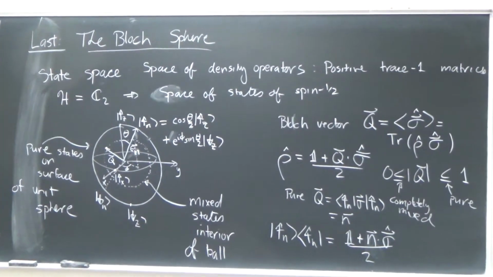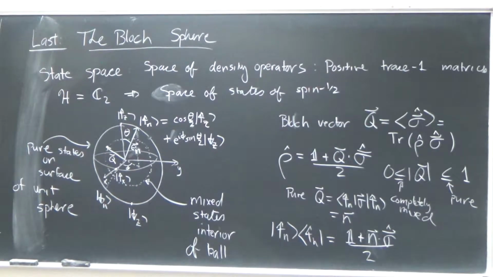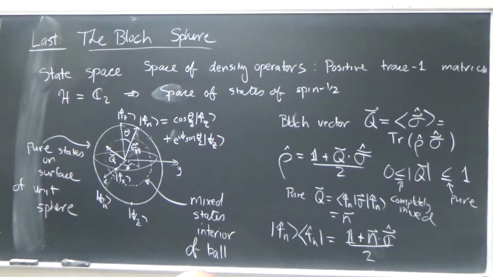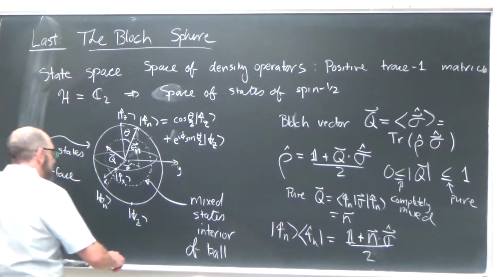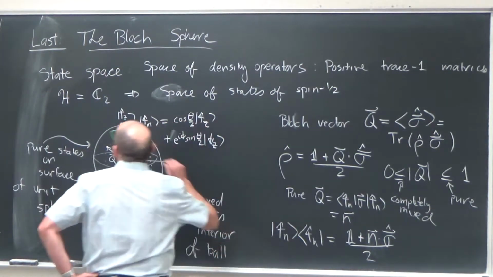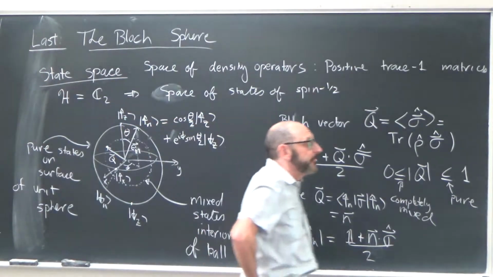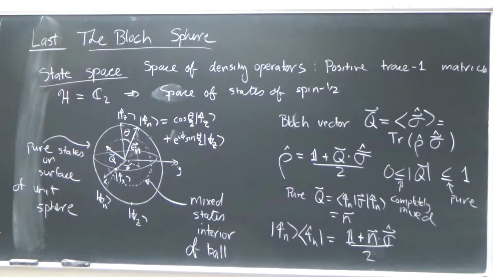So, last time we were reviewing this very important concept of the Bloch sphere. And so the Bloch sphere is a geometric way of thinking about the space of quantum states for a two-level system.